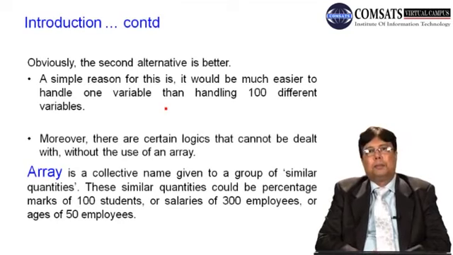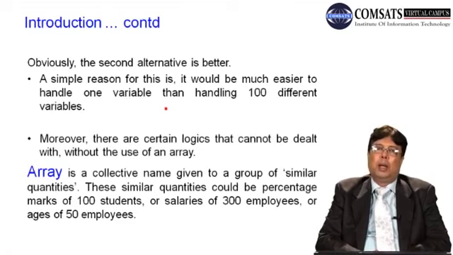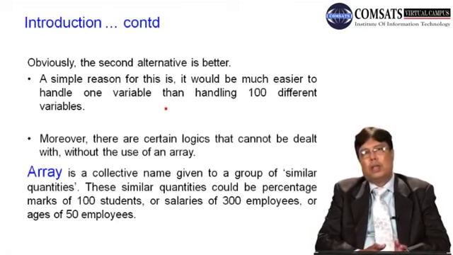Dear students, अगर ये हो जाए तो हमारी ज़िंदगी आसान हो जाएगी. So array is a very useful data structure that is available to us in C programming, in which we can put the similar quantities of the data.